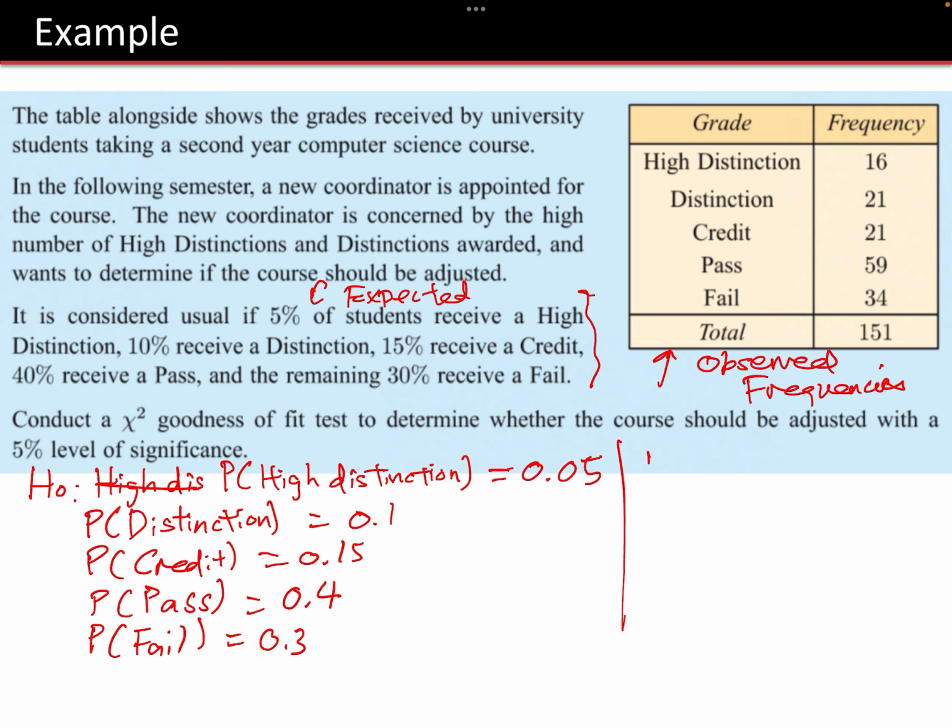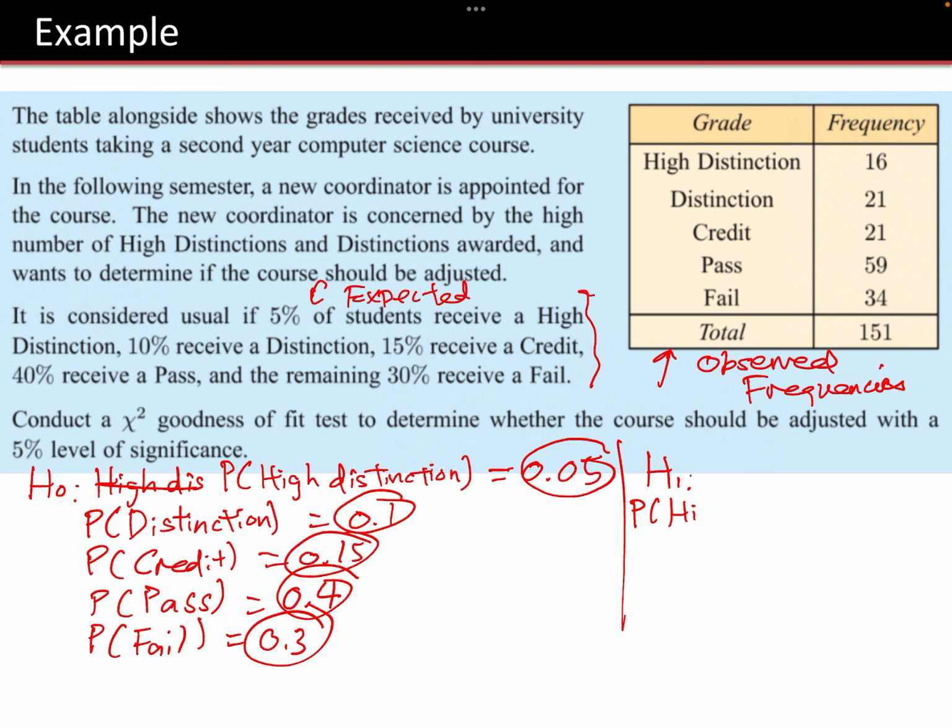Now, of course, the alternative hypothesis is that if you don't get these numbers, then that will be considered unusual, isn't it? So we have to say the probability of getting high distinction, but rather than writing not equal to 0.05 and so on, we know that as long as one of these numbers is not the same, then this is not considered the usual grades for this particular course.